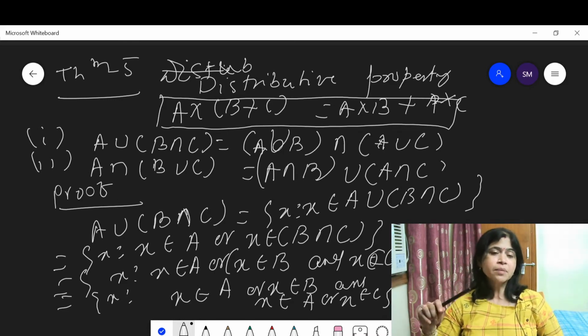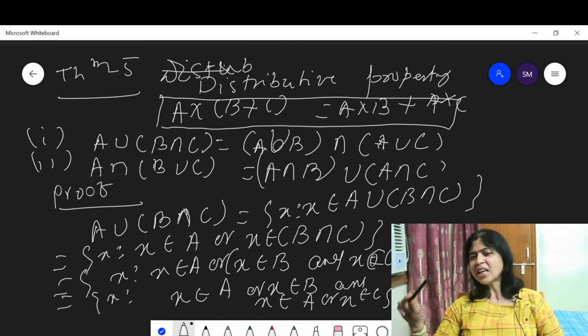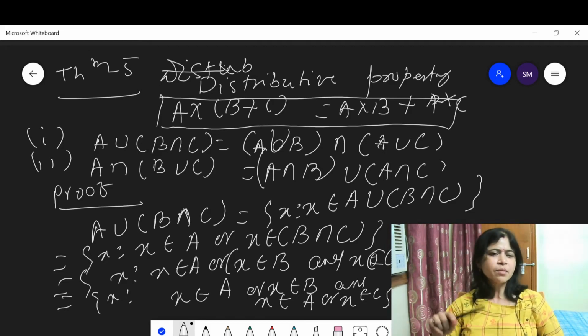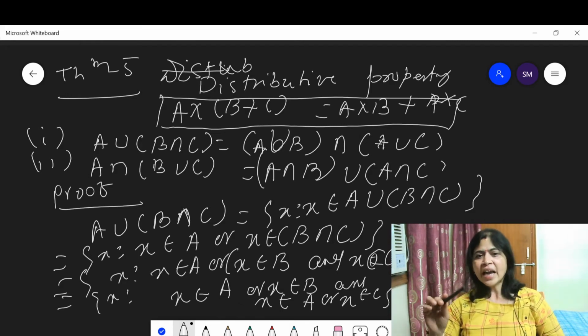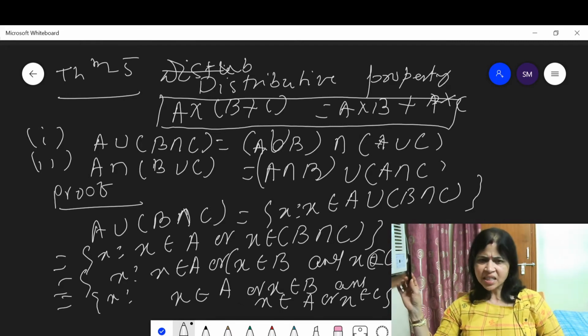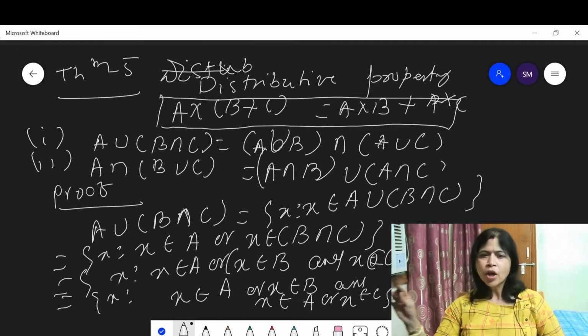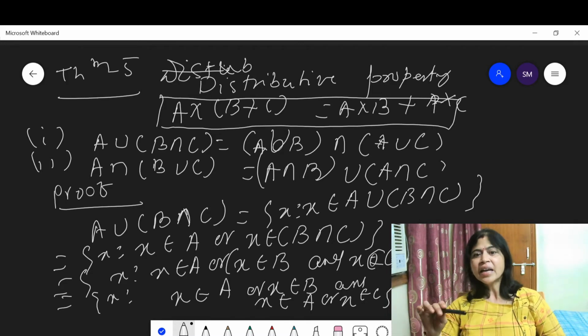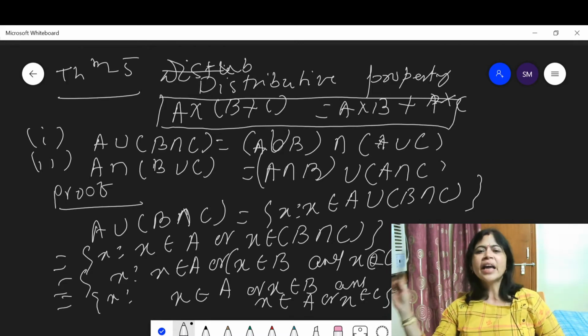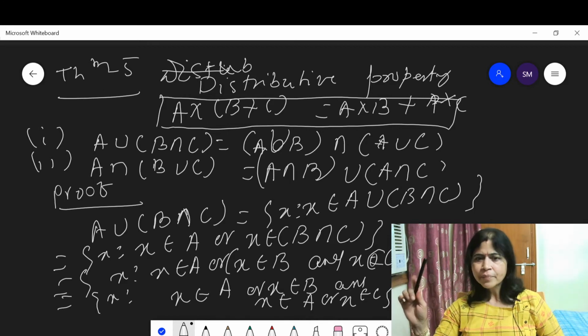This means x belongs to A, for the union sign we use or, x belongs to B intersection C. Here x belongs to A or x belongs to B intersection C means x belongs to both B and C: x belongs to B and x belongs to C. When we open the bracket, we get x belongs to A or x belongs to B, and x belongs to A or x belongs to C. Am I right?